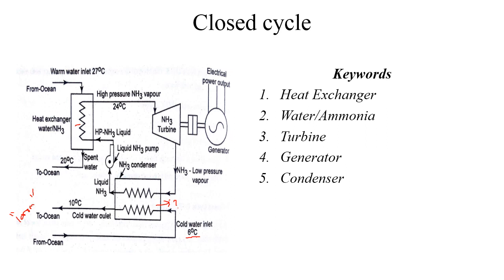We cannot pump the vapor to the heat exchanger again. Without this heat exchanger, if you directly give a pump to ammonia in a vapor state, it cannot pump. We can compress the vapor but we cannot pump the vapor. I hope you studied this in fluid mechanics, right?